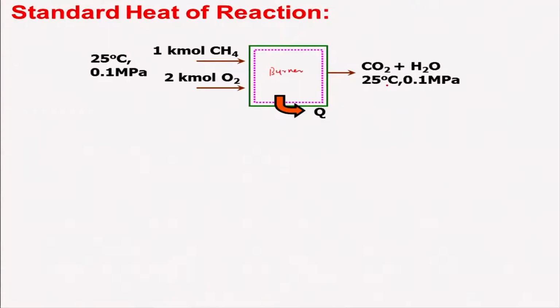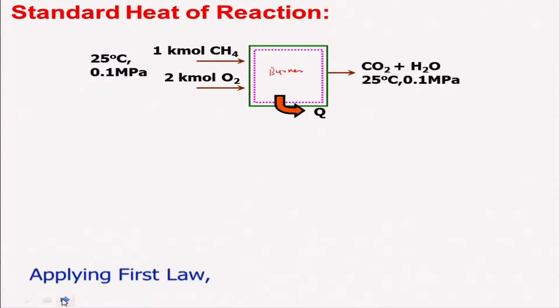It is also leaving at 25 degree Celsius and 0.1 megapascal. That means whatever heat is generated will be taken out of the system, otherwise the temperature will shoot up, because it is an exothermic reaction and heat will be released.